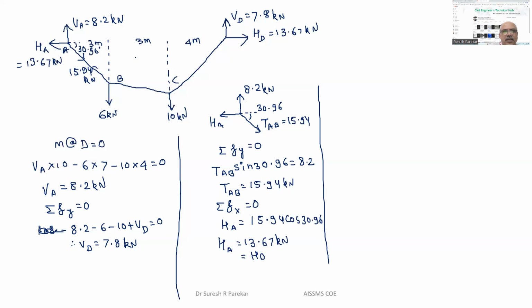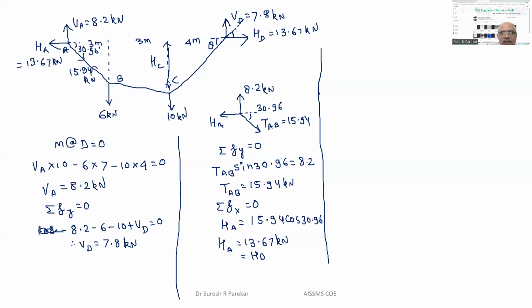Now we are interested to find this HC value. Now we can find this angle theta, and after that we will get this value. We have this VD, we have this angle theta, and then we know the cable is along this.